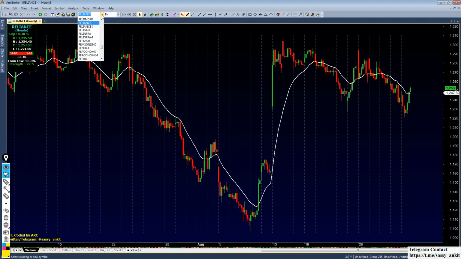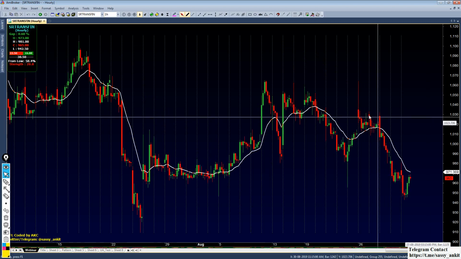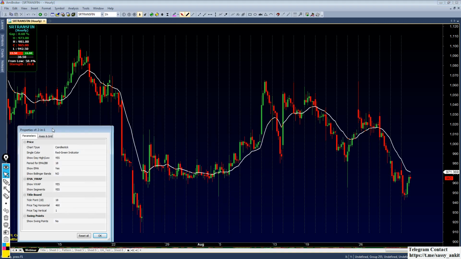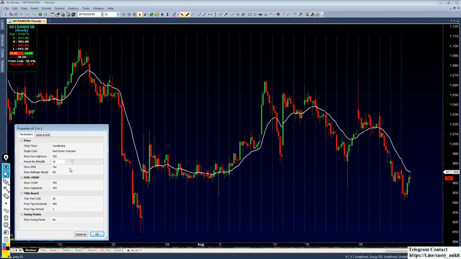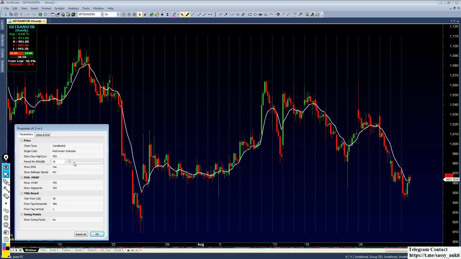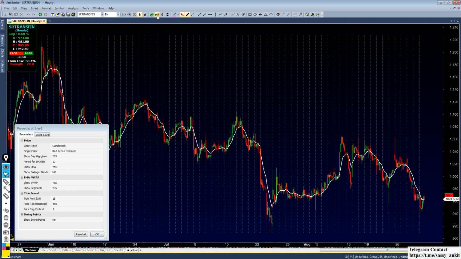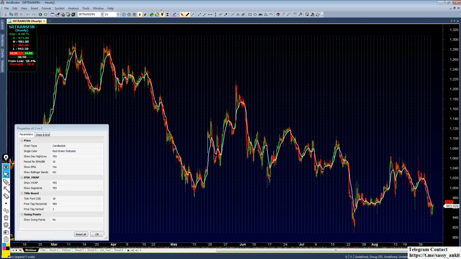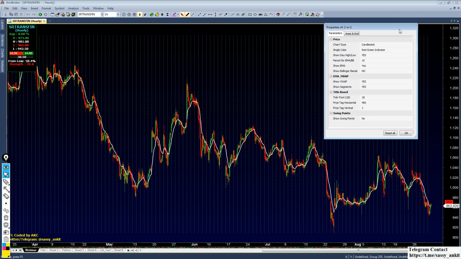Let's switch to another stock. Let's take a random example of SRT Finance. Let's try to find out the exponential moving average which will have maximum number of touches. Let me zoom out the chart so that I can have a clear view.